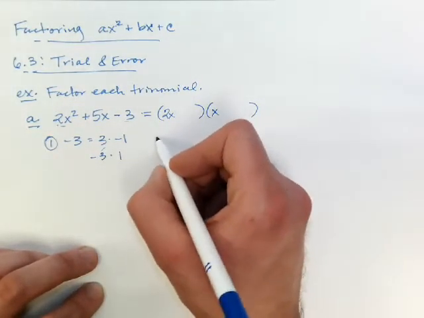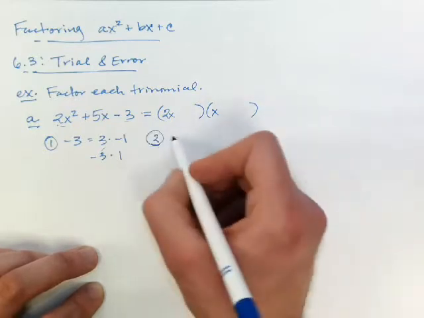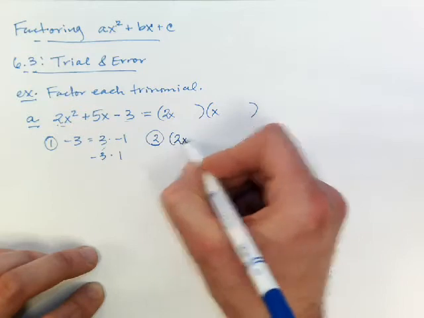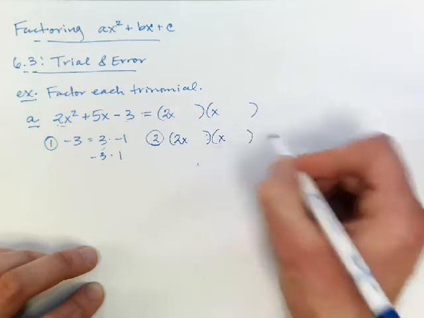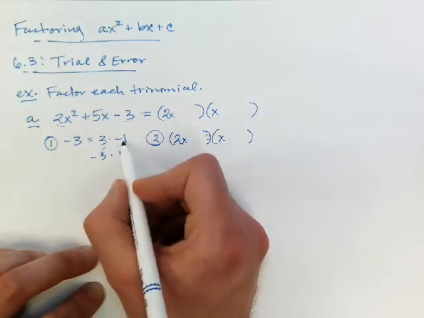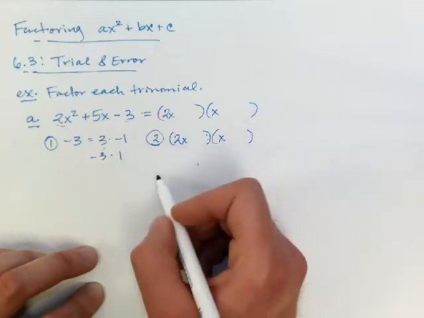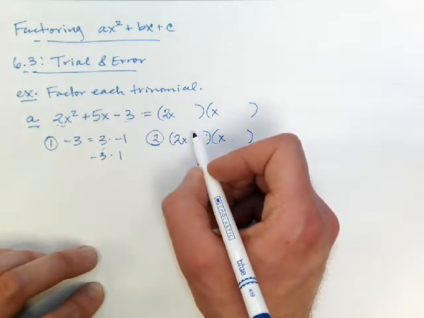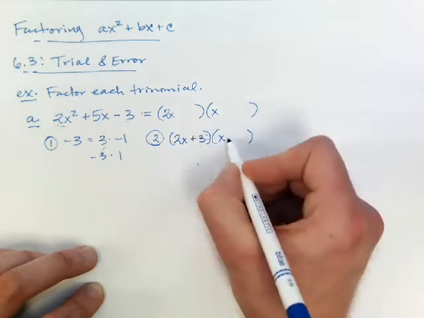Okay, so we know it's got to be a 2x and an x. How do we combine, say, a 3 and a -1 with those? So let's try doing 2x plus 3 and x minus 1.